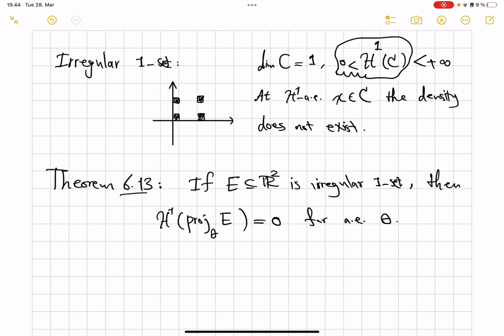Still, all the shadows miss it. So if you shed a light from any direction, then the shadow on this line will be negligible. You will not see a positive one-dimensional measure set. And this is again for almost every theta.